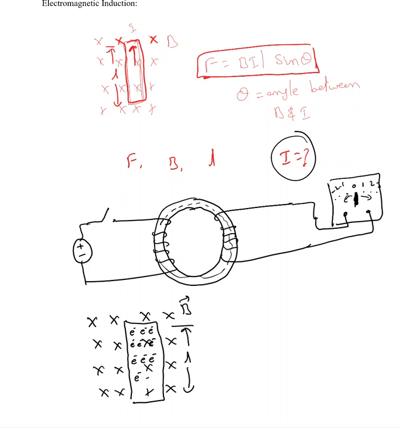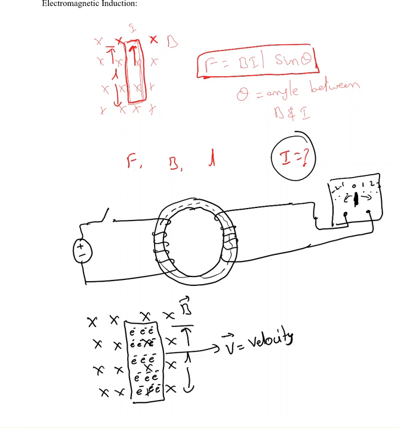The net displacement is zero, so there is no current passing through, but there are thousands of millions of free electrons available here. Now I'm going to apply some force on this conductor and move it in this direction, so it has velocity.